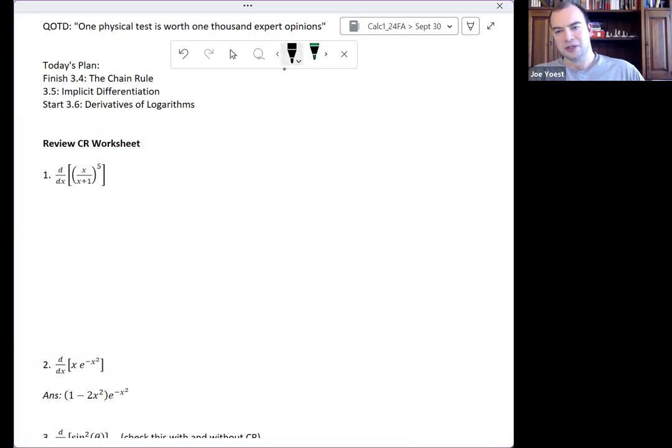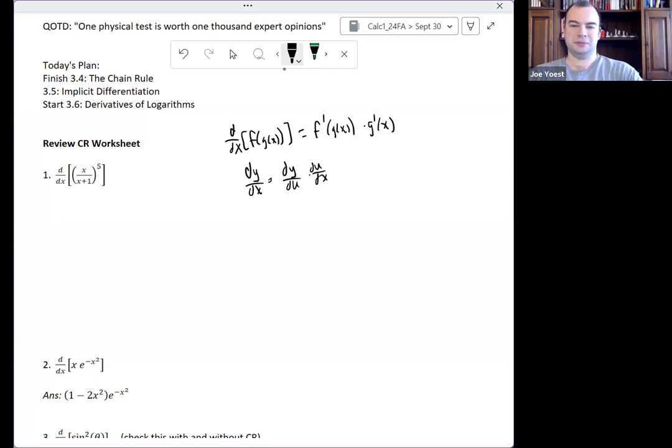Now, again, recall that the chain rule says the derivative of f of g of x equals f prime of g of x times g prime of x. Or we can think of it as like dy dx equals dy du times du dx.